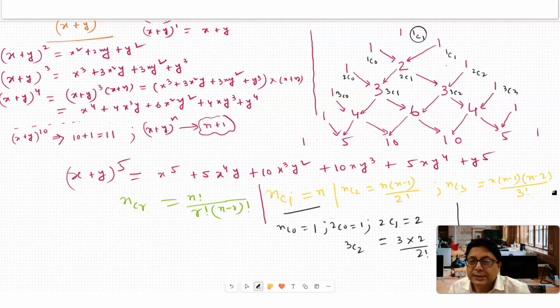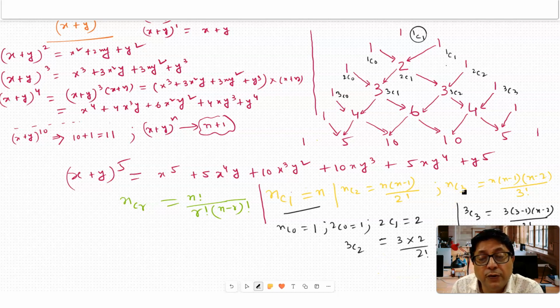And 3C3, how do you write? 3C3 you can write as 3 into 3 minus 1 into 3 minus 2 by factorial 3. This is also 1. Alright? So all these binomial expansions can be written by using the concept of NCR also.